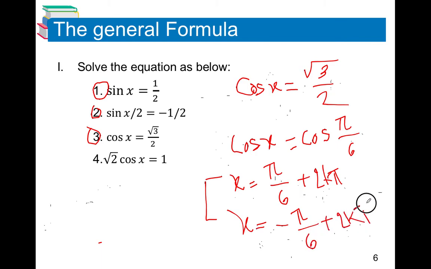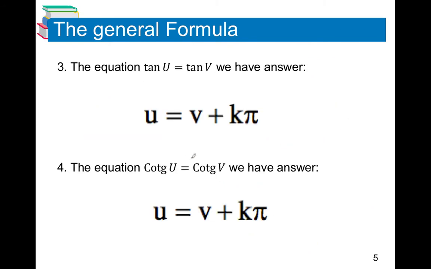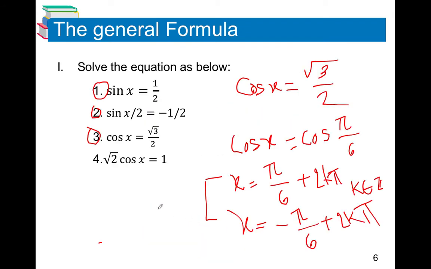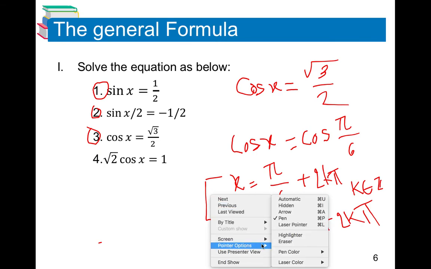Okay, this is the final answer of number 3. k is an integer. Understand? This means you can take k from 0, 1, 2, up to you. So this is the answer for number 3, cos h equals square root 3 over 2, following this formula. And then we move to number 4, the final one.